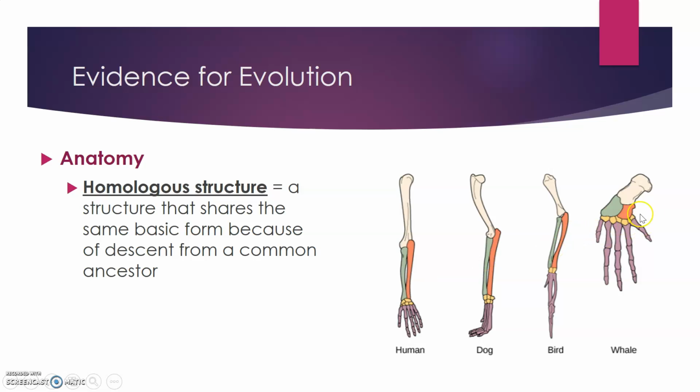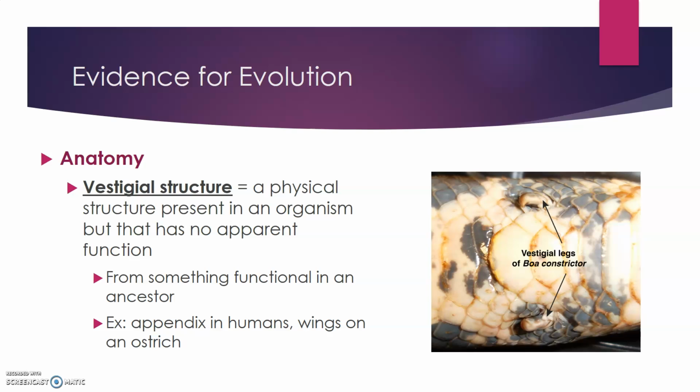But they still exist because they have a common ancestor, a common bone in an older evolutionary organism that's retained its shape and same function and its homology in higher organisms. So we can use the fossil record as well as anatomy to provide some evidence for evolution.